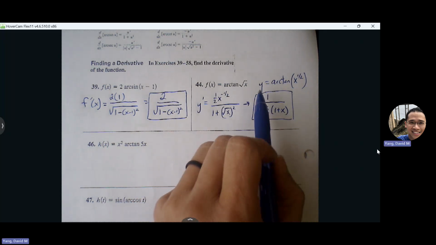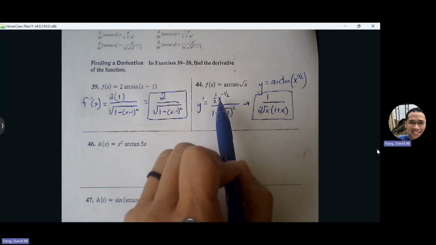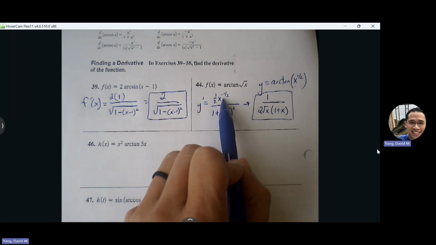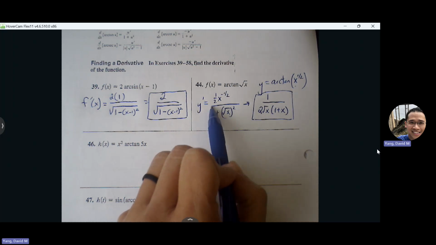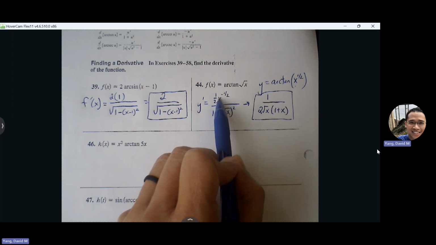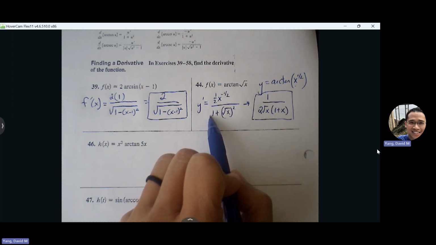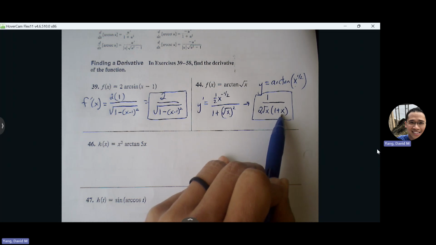All right, so 44 here, x to the 1/2, that's my u value, the derivative of that, power rule, 1/2 x to the negative 1/2, all over 1 plus u squared. Root x squared is just x. I can clean this up to be 1 over 2 root x. I can have that 2 root x come down and share the same denominator space as this denominator. So 1 over 2 root x times 1 plus x.